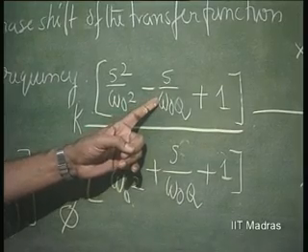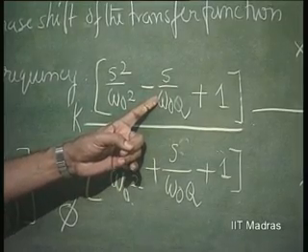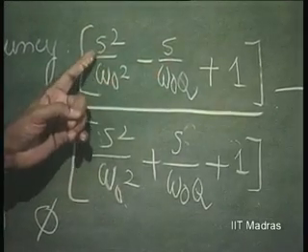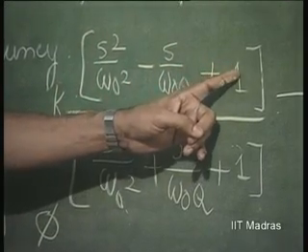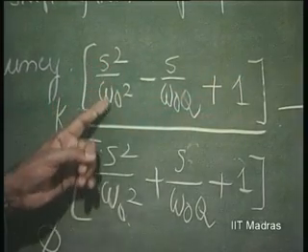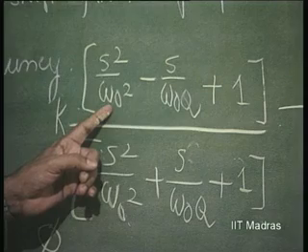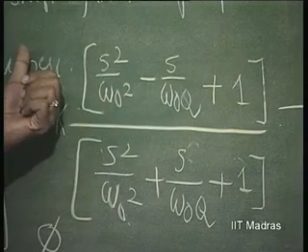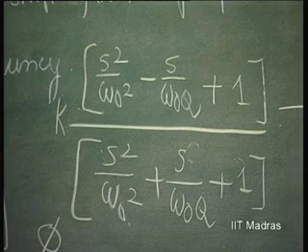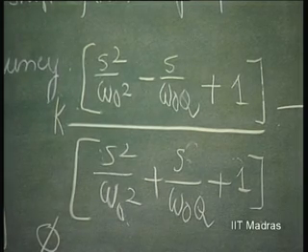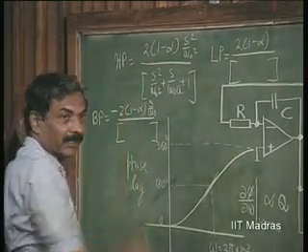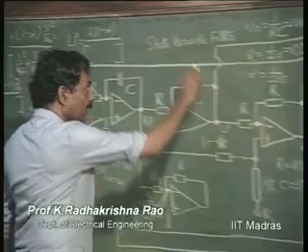Only band pass has to be added with suitable modification of the coefficient, because band pass coefficient should not be the same as the coefficient of low pass and high pass. Here the coefficient is 1, here it is S squared by omega naught squared, which is 1 again. Here it is 1 over Q S by omega naught. So, you can see we have the same coefficient 2 into 1 minus alpha, 2 into 1 minus alpha, minus 2 into 1 minus alpha. So, we can simply add. That is the arrangement.